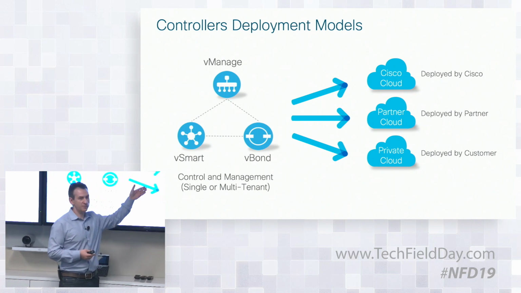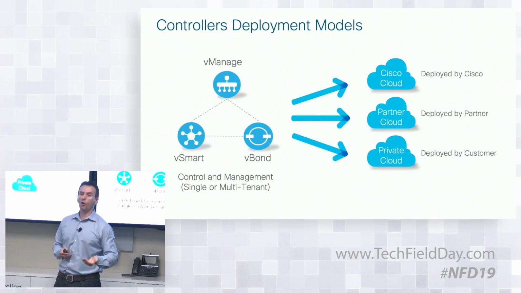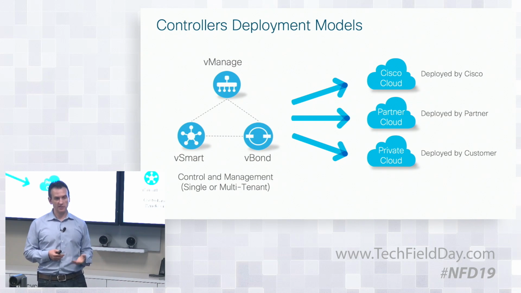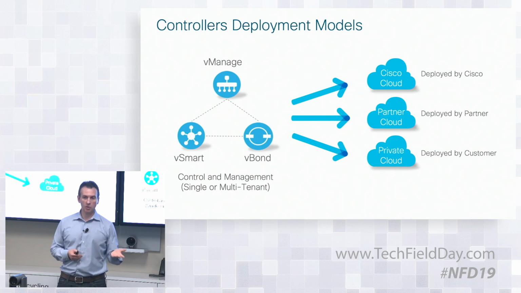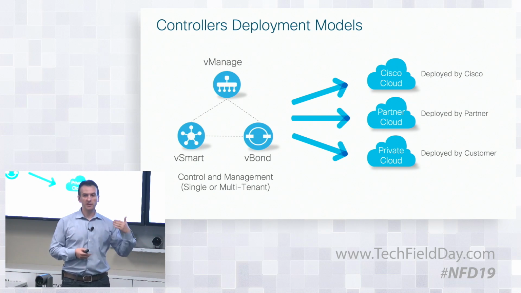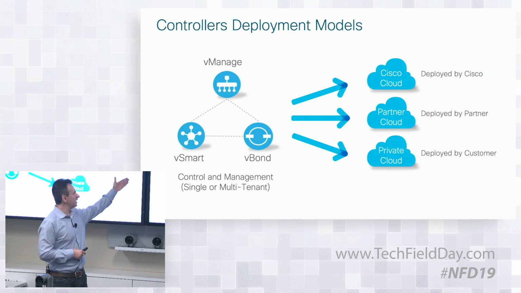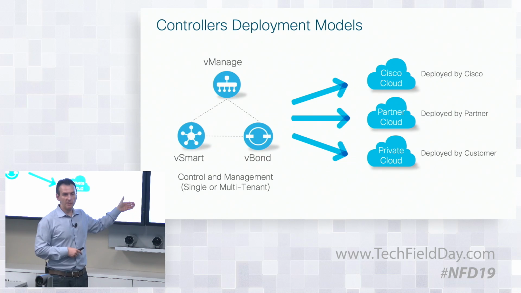And we have an opportunity for our partners to deploy, host and manage those controllers in their own clouds, their own data centers, their own colo facilities and whatnot. So we have a slew of partners that see that as an opportunity to provide value-added services to customers. Whatever the case may be, those are all virtual elements. They can live on any IP cloud. Customer cloud, Cisco cloud, partner cloud.